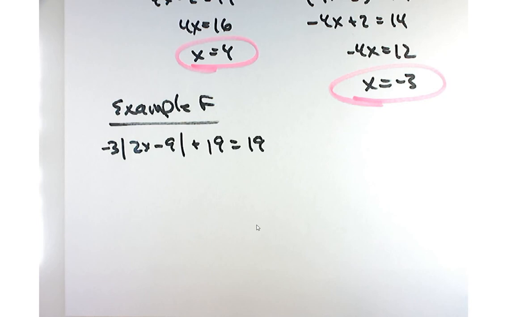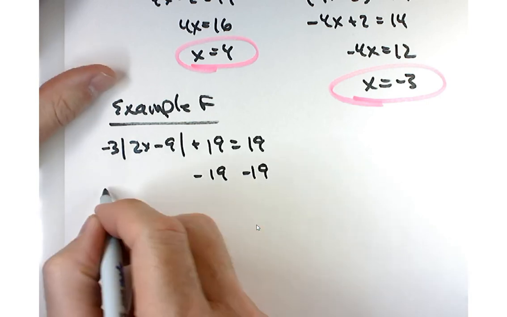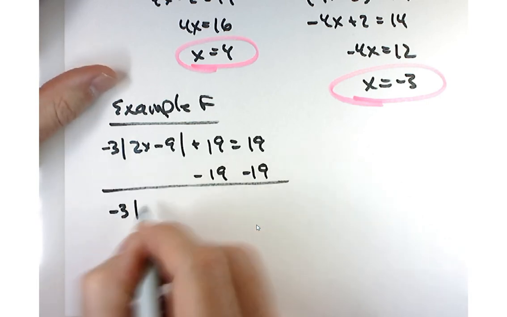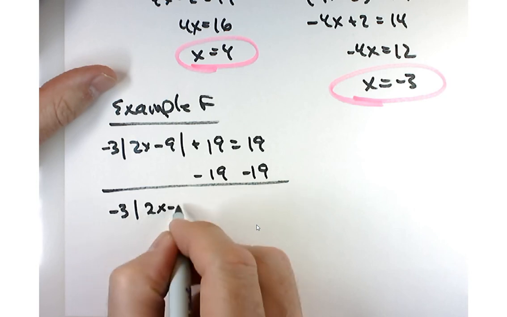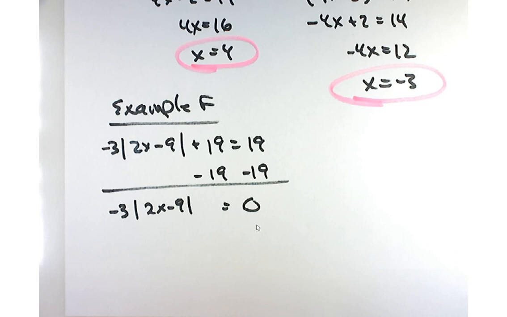Hannah, suggestions? Do you subtract a 19, please? Yeah, let's subtract 19 from both sides. And I get negative 3 times the absolute value of 2x minus 9 equals 0. Great start.